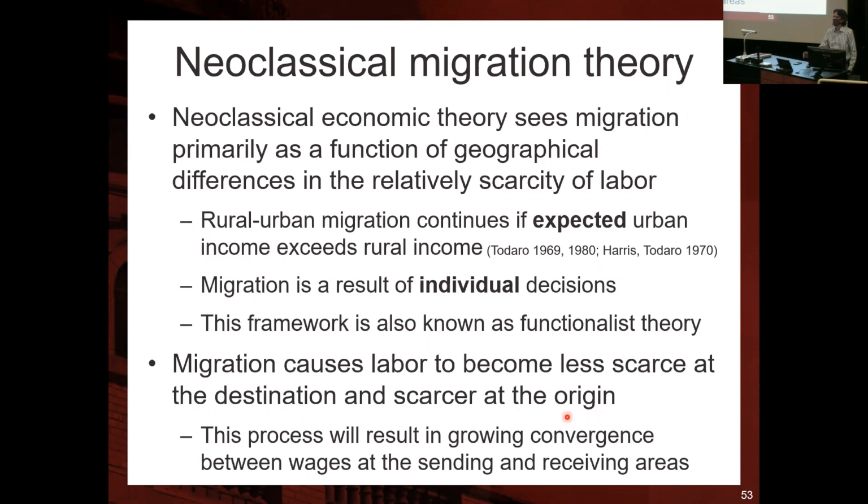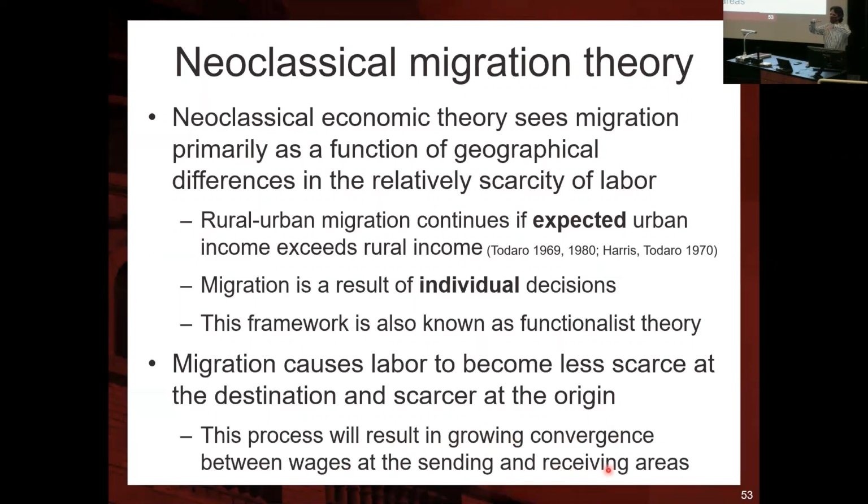And this is really related to that regional spatial economic equilibrium theory by Ravenstein from the 1800s, in which this process will result in growing convergence between wages at the sending and receiving areas.